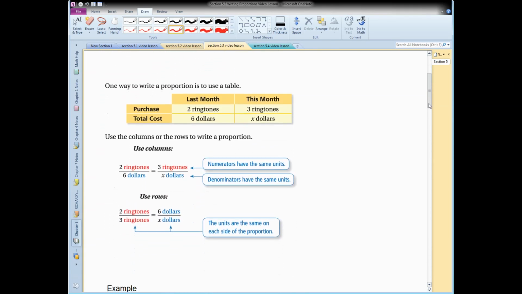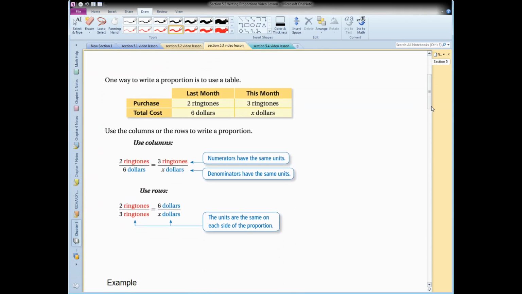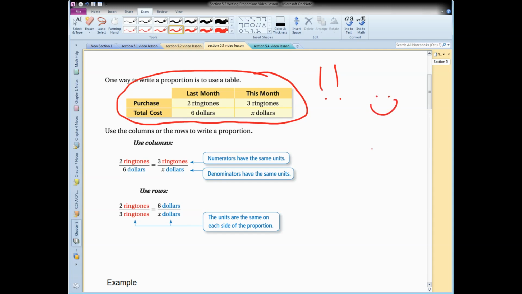All right. So the big idea in this section is if you have to write a proportion, using a table to get your information organized is a good thing. We like this. Because if you do this, there's a couple different ways that you can write a proportion.